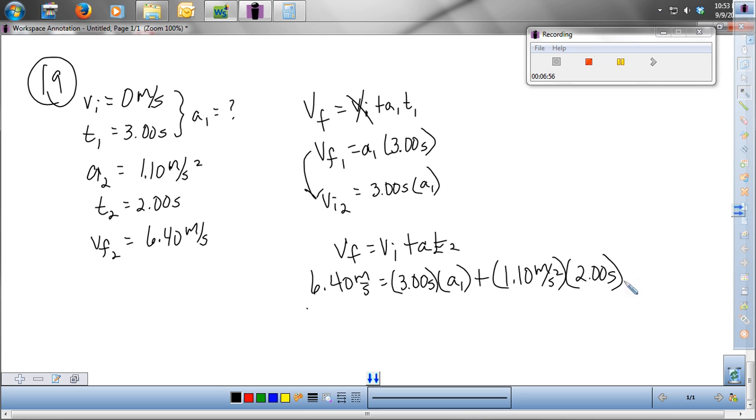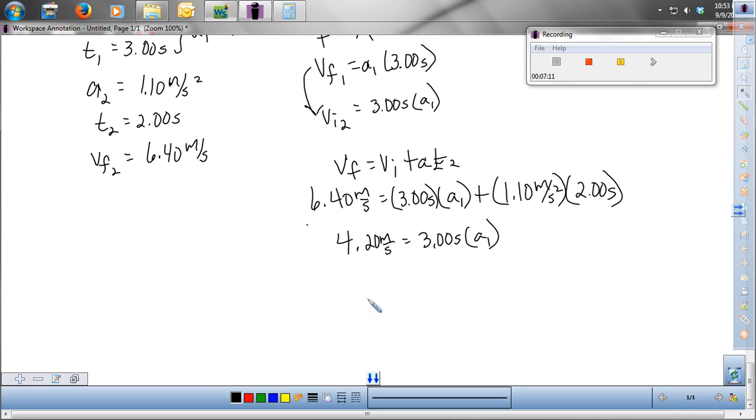So that's 2.20, which I bring over and subtract from 6.40. So now I have 4.20 meters per second is equal to 3.00 seconds times A1. And when I solved for A1, I think I got 1.4 meters per second squared was my acceleration during the first time period. Okay?